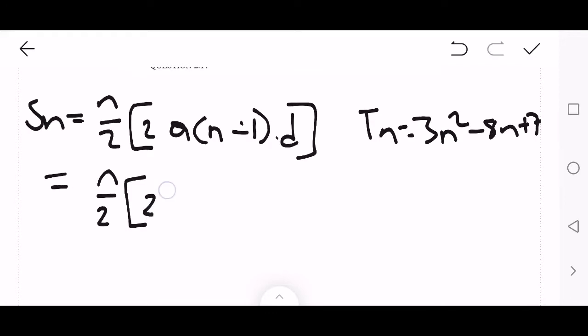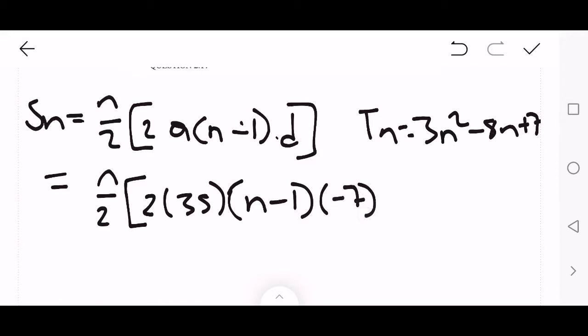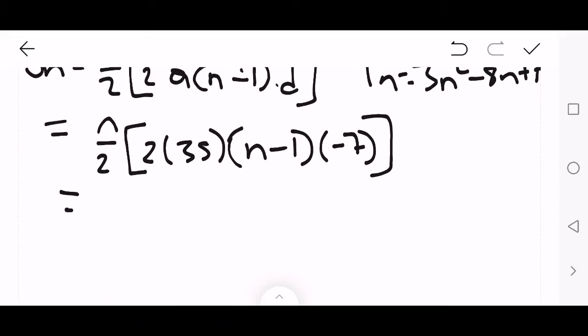We have 2 into, we know the first term of the arithmetic sequence is 35. All this multiplied by n minus 1 multiplied by the common difference of the arithmetic sequence, and that is minus 7. So now we need to simplify this, and we'll have n over 2.